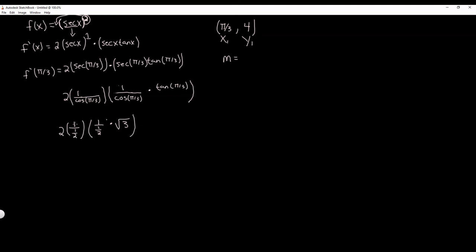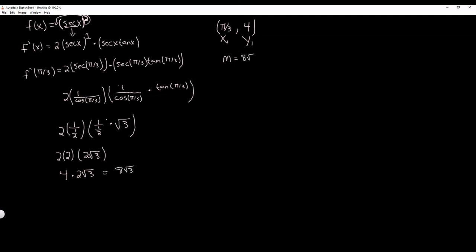And 1 divided by 1/2, if you divide by a fraction, you have to multiply by the reciprocal, which is 2 over 1. So 1 divided by 1/2 is actually 2, so this is going to be 2 times 2 times root 3, since 1 divided by 1/2 is 2 again. 2 times root 3 is just 2 root 3. So 2 times 2 is 4, and then we'll multiply it by 2 root 3, and 4 times 2 is 8, so our slope is going to be 8 root 3.